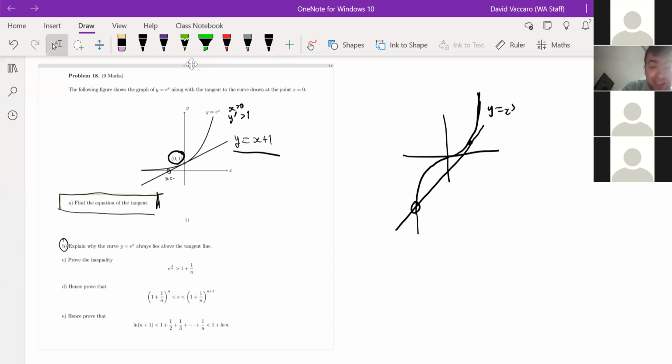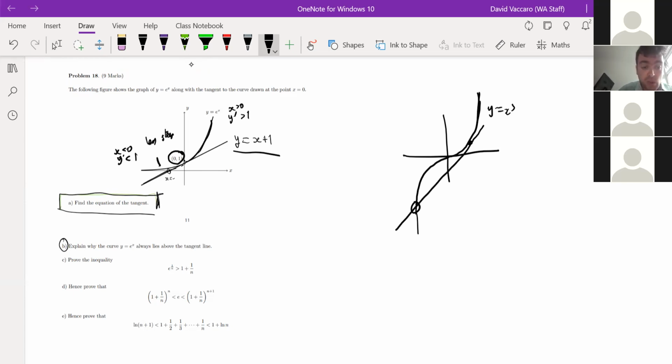So for negative values of x, y dash is less than 1. So the curve is less steep. Okay, so if the curve is less steep than the line, as you go left the curve is going down slower. On this side, if the curve is steeper than the line, the curve is going up faster.